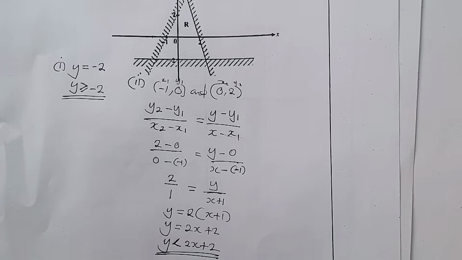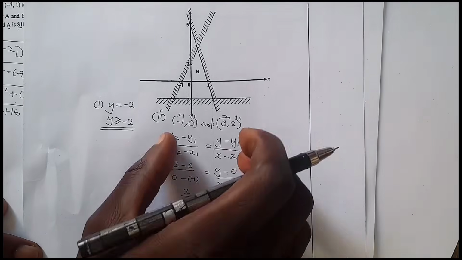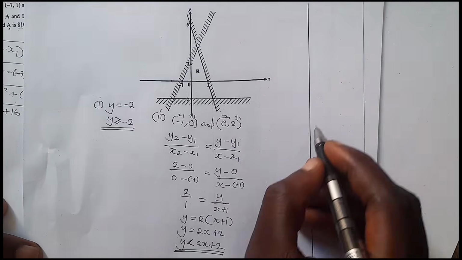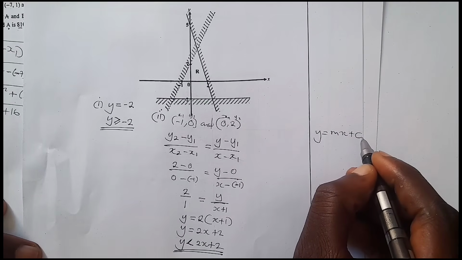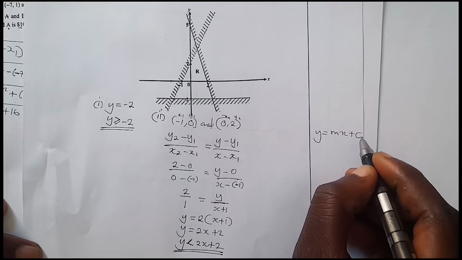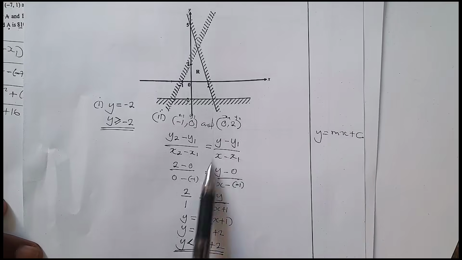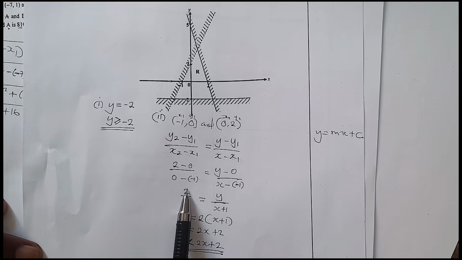You see? There's nothing like finding the value of c or finding the gradient on its own. You are just finding the equation at the same time. This is in the form of y is equal to mx plus c. So on this side we are calculating the gradient at the same time as the equation. The gradient here is just 2. Am I right?